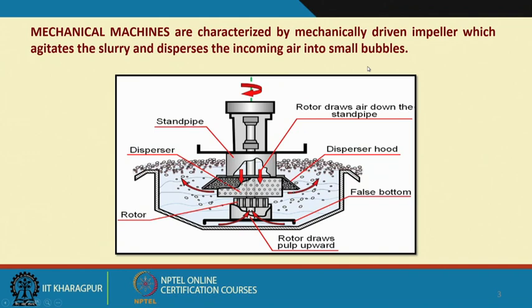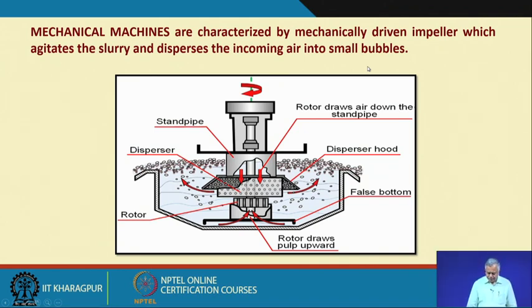That means, you create a turbulent condition, so that your fluid phase, your solids and your chemicals get an opportunity to be mixed properly with the collectors, and it also should disperse the incoming air into small bubbles. That means, it helps in bubble generation.